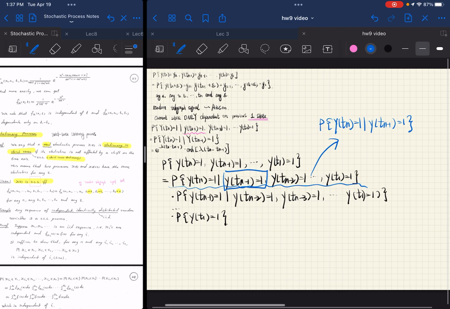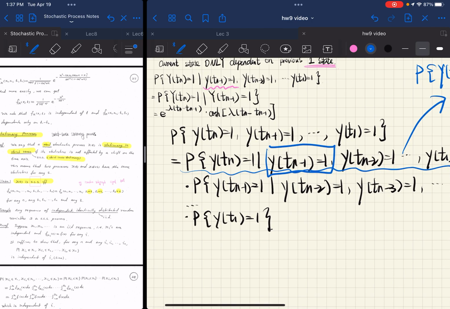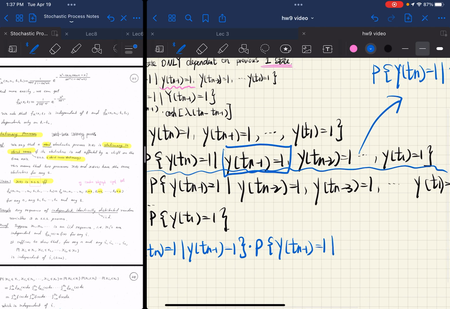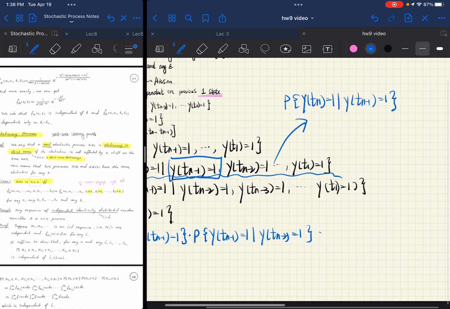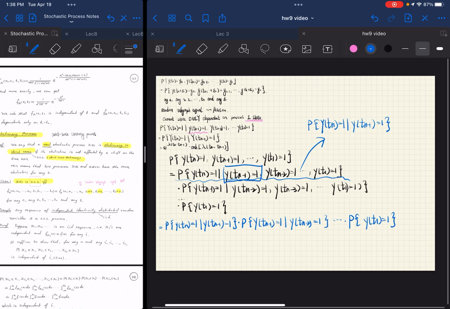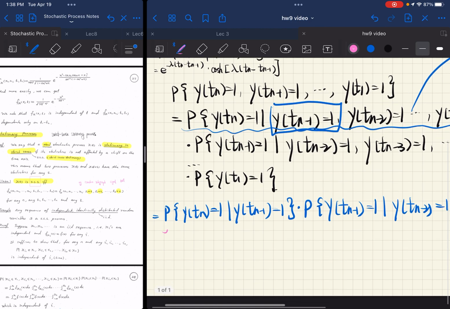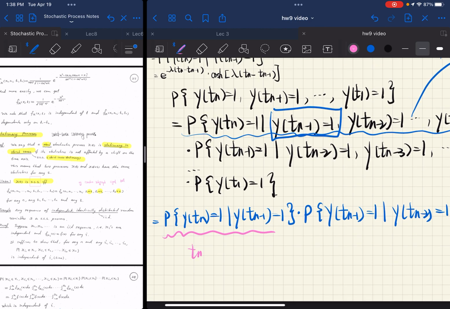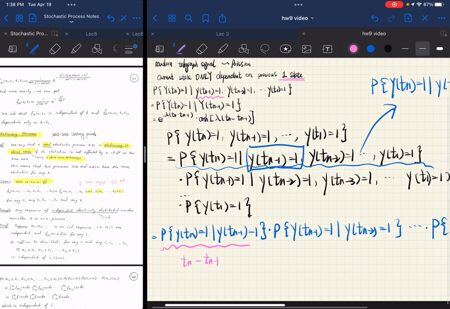So the equation becomes the conditional probability of Y(tn) equals 1 given Y(tn-1) equals 1, times the conditional probability that Y(tn-1) equals 1 given Y(tn-2) equals 1, and so on, till the probability of Y(t1) equals 1. And each term only depends on the time difference, as we have derived here.